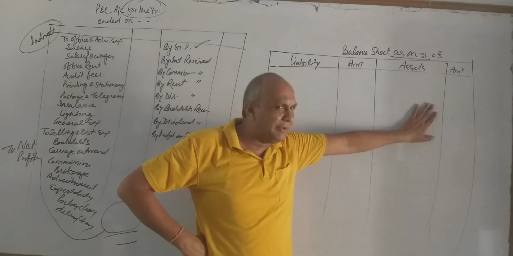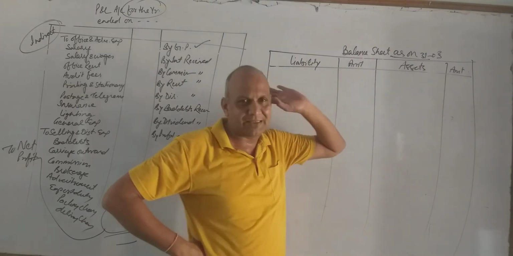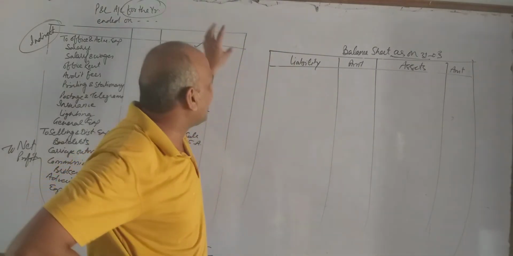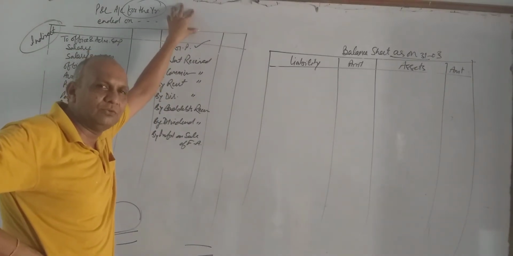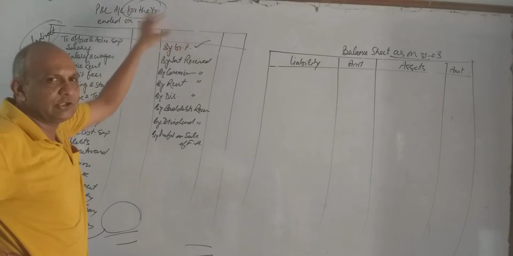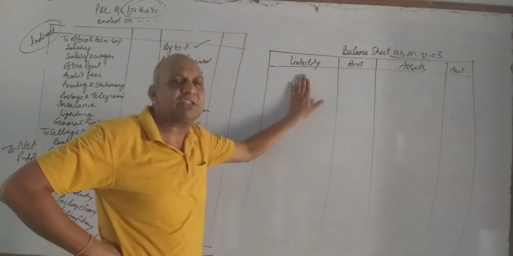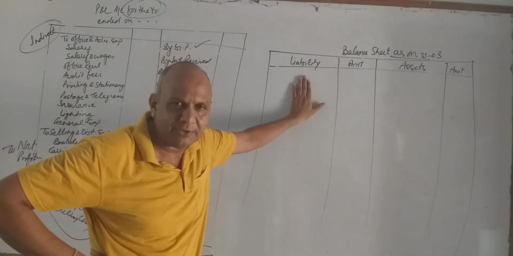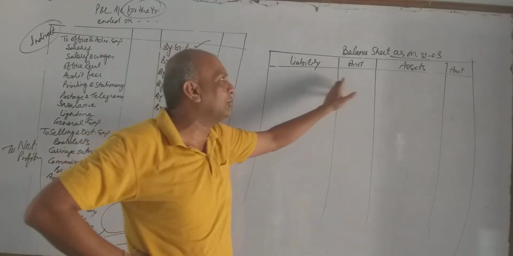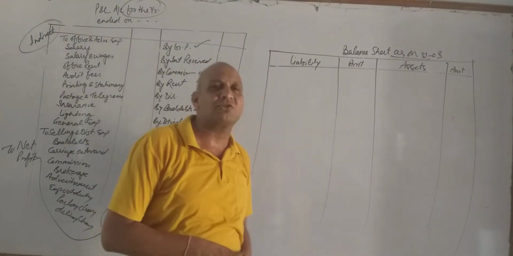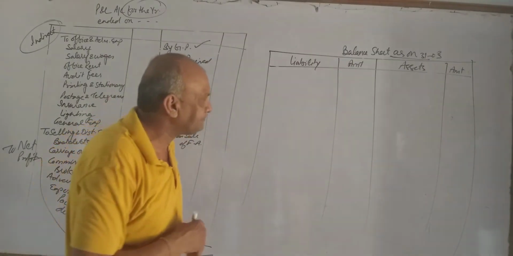You can say it is debit, but it is not actually debit, it is assets. So I think you understood. Trading account and profit and loss account both are accounts, they are nominal accounts. Debit and credit, to and by. But balance sheet is not an account, it is a statement which shows the balance of assets and liabilities on a particular day, that is 31st March 2000, whatever year is given.